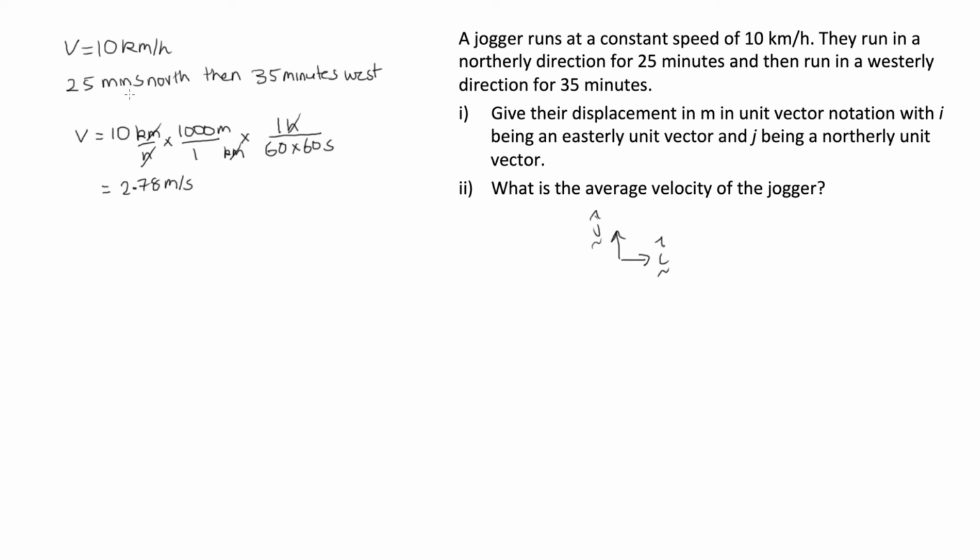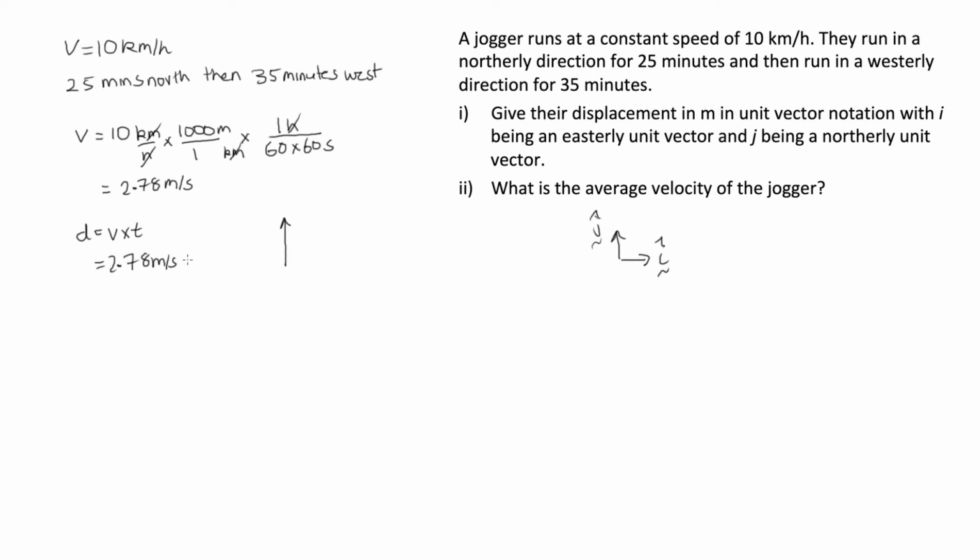Okay, so let's see how far he goes north. He's running north like this, and it's 25 minutes at this speed. So we know that the distance is equal to the velocity times the time. So that's equal to 2.78. This is meters per second. So we actually need the time in seconds as well.